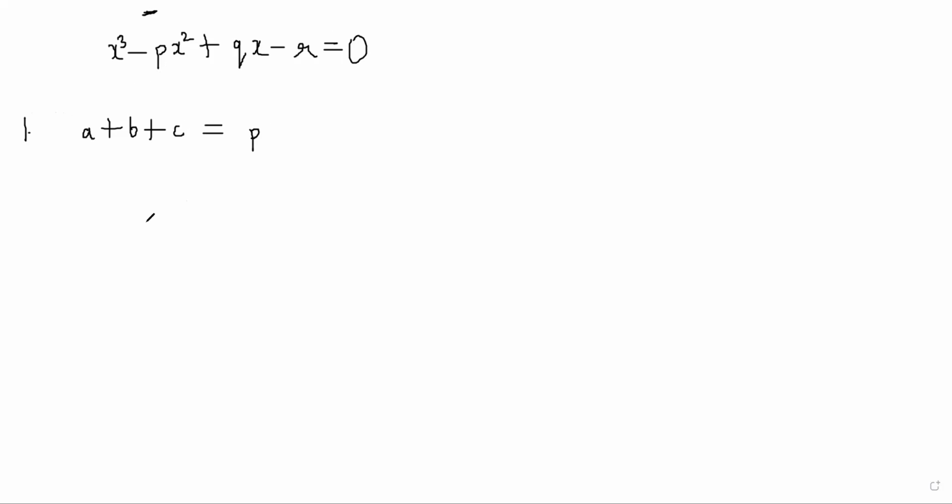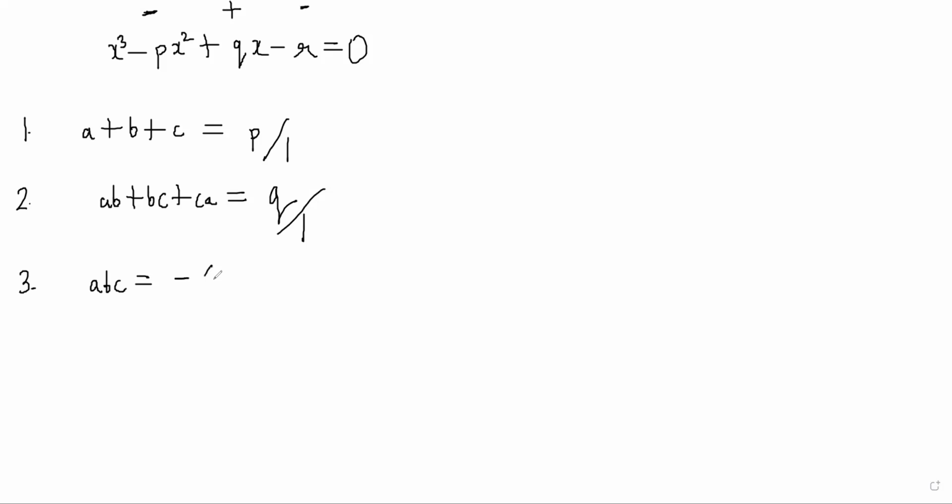The sum taking one at a time is minus of minus p by 1, so p. The sum taking two at a time, ab plus bc plus ca, is plus q by 1. And the sum taking three at a time, this is plus and this is minus, so minus of minus r by 1, so r.